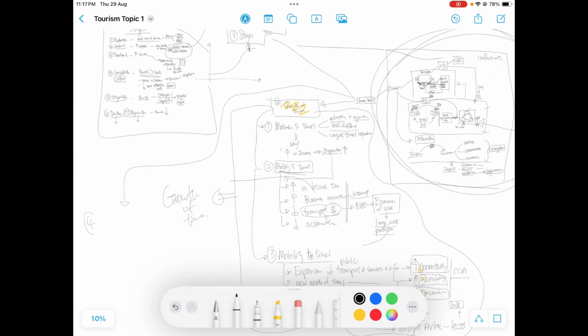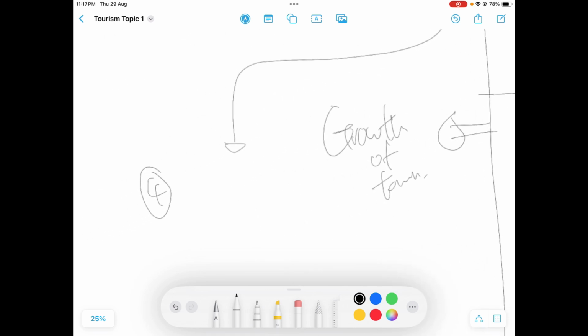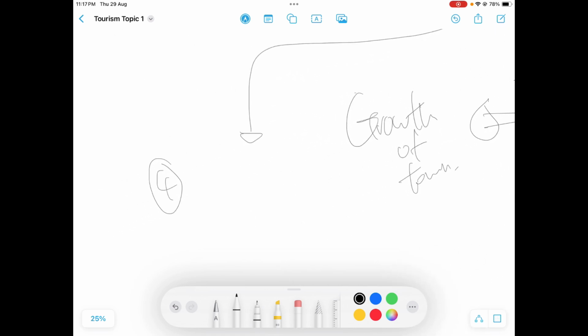I put the 4th segment over here, which is how do different personalities or characteristics of tourists affect the tourist destination region.